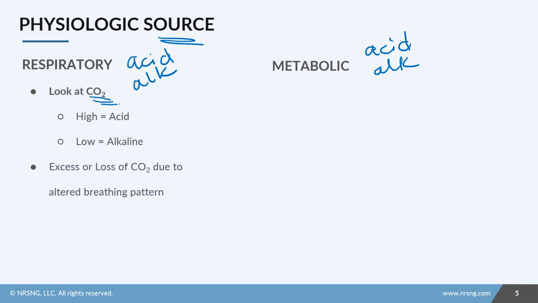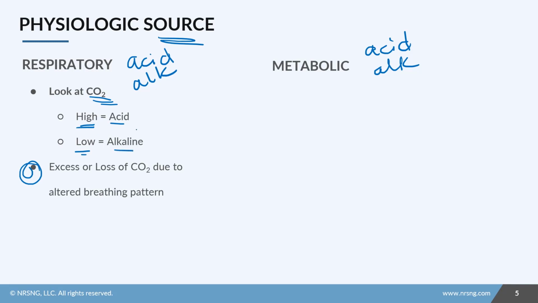When we have a respiratory source, it's because of an excess or a loss of CO2 due to some sort of altered breathing pattern. We breathe off CO2 with every breath, so if we're breathing faster, we blow off more CO2. If we're breathing too slow, we will retain more CO2 and our CO2 level goes up. So if CO2 is high, it's acidic, and low is alkaline.